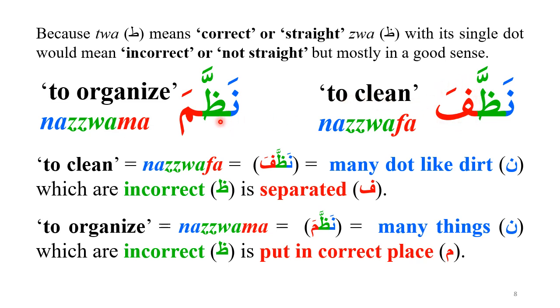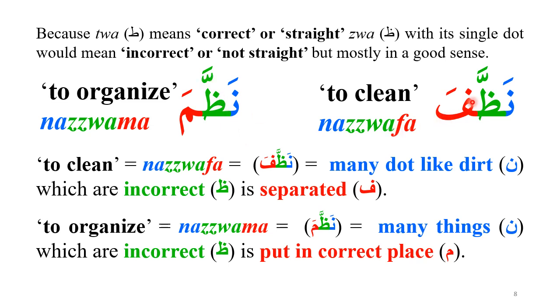And nazzama means many things which are incorrect and objects, right, put in, like meem we know also means place, right? So nazzama would mean to organize according to its place. So see how the single letter meaning helps you in learning the meaning.